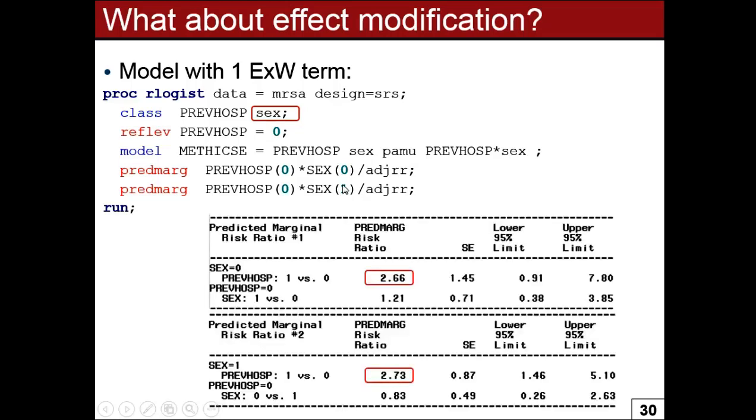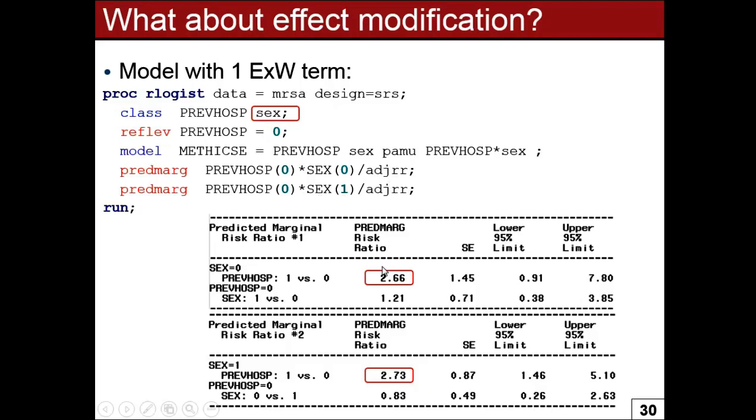Okay? So imagine you want the effect of exposure at the two levels of sex, 0 and 1. This is the way you do it. You have to write prev-hosp 0, parentheses 0 times sex 0 / exp RR, and then here sex 1 exp RR.